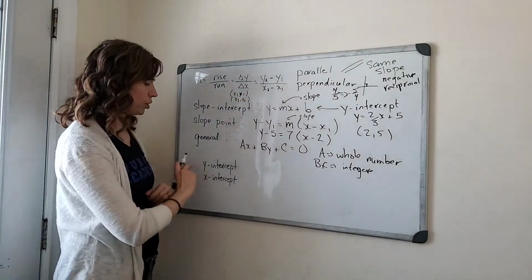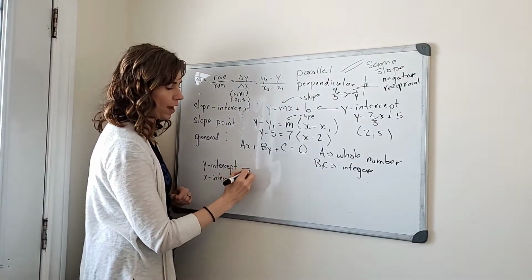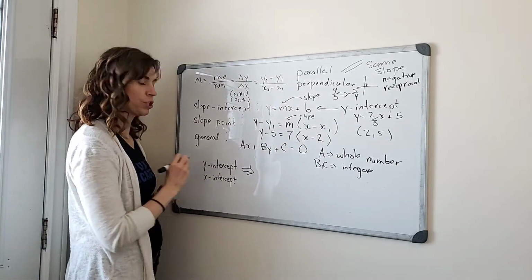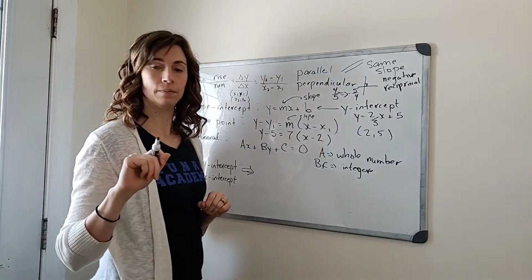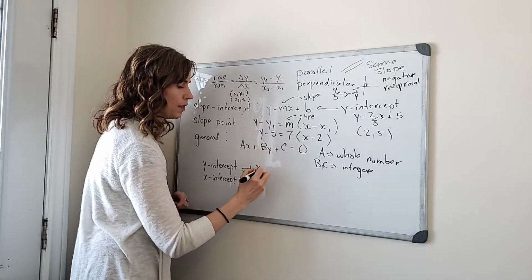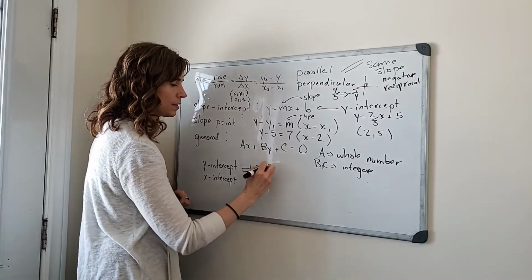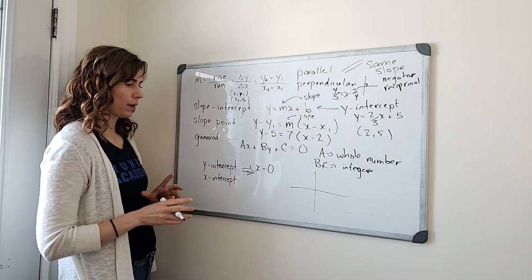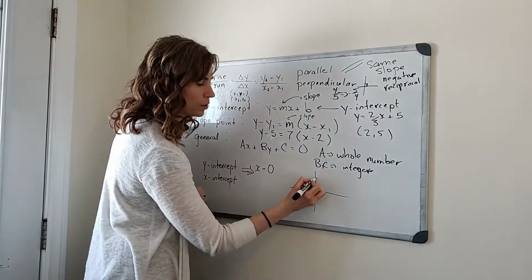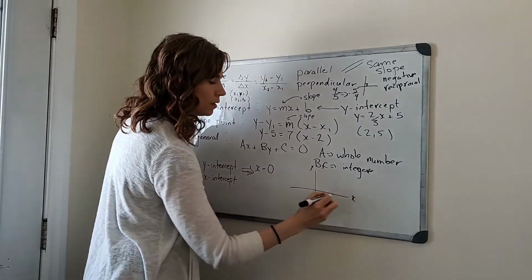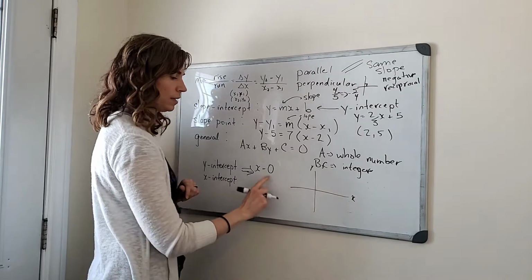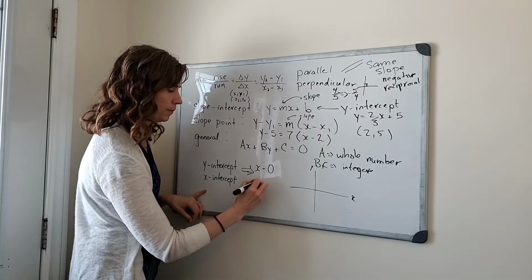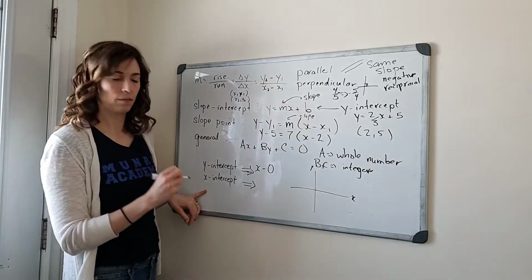Jumping back down to y-intercepts. If I asked you to find the y-intercept, what information would be very helpful for you if you're just using an equation? Yes, Ella. That is right. The x is 0 for your y-intercept. Looking at my grid here, my y-intercept is wherever it crosses the y. My x value all along here is 0. And if we move to finding your x-intercept, yes, Charles, that is right.